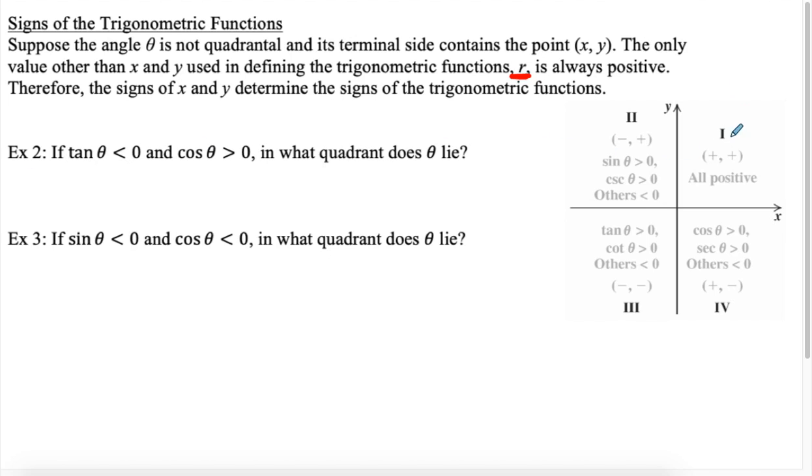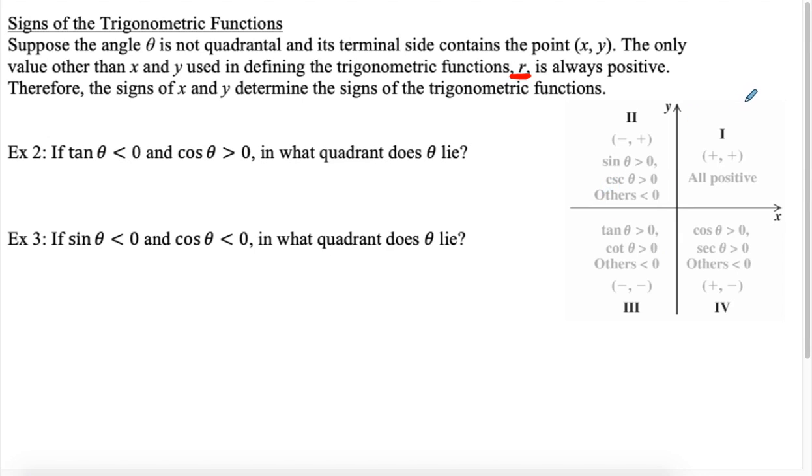Okay, so tangent is positive in the first quadrant, and tangent is positive in the third quadrant. Okay, tangent would then be negative in the second and the fourth quadrants because one of those two functions is negative. Okay? If we've got a positive divided by a negative or a negative divided by a positive, our final result will be negative.